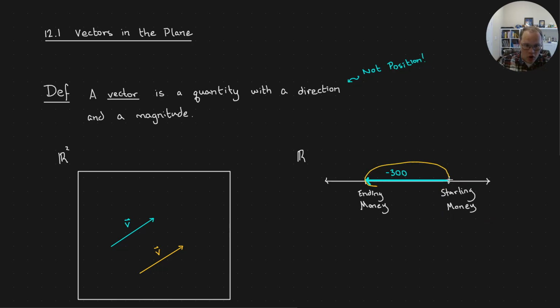But this will always be pointing the same direction if I buy that TV, and it'll always be the same amount. So it doesn't have a position, but it has a magnitude and a direction. It is a vector. So how we use numbers in one dimension is the same way we want to use vectors in these higher dimensions.